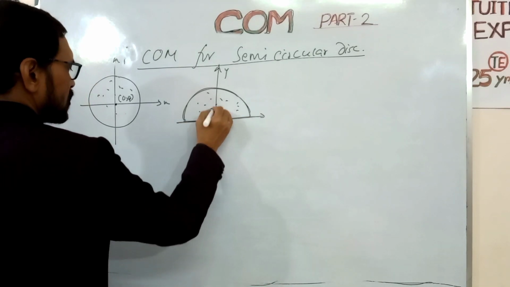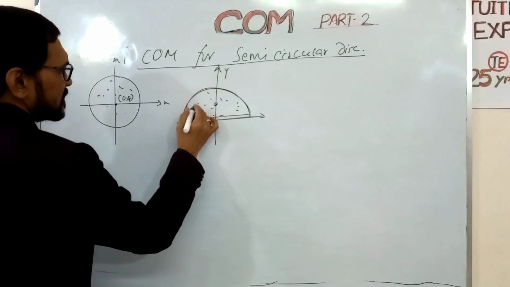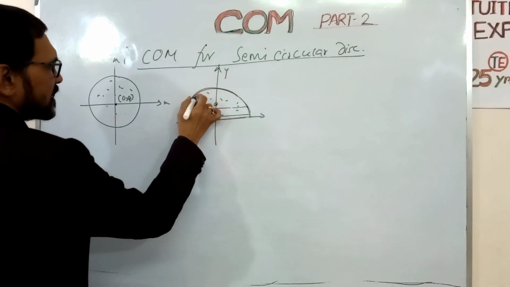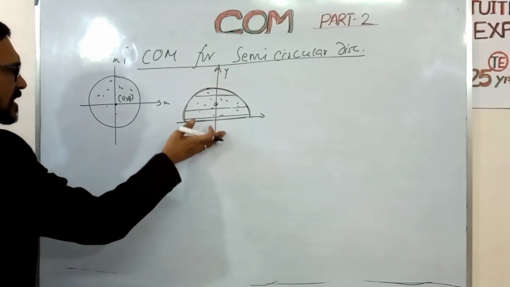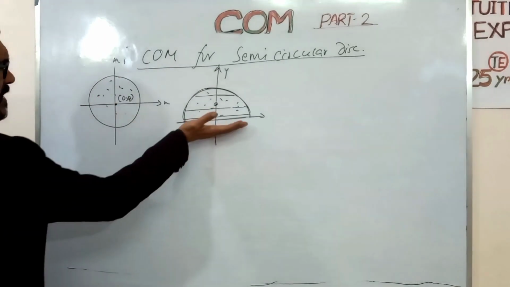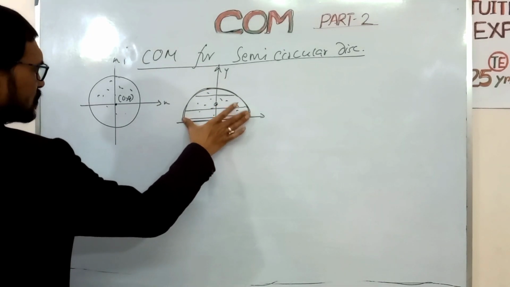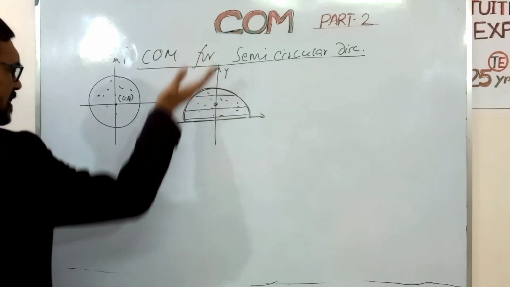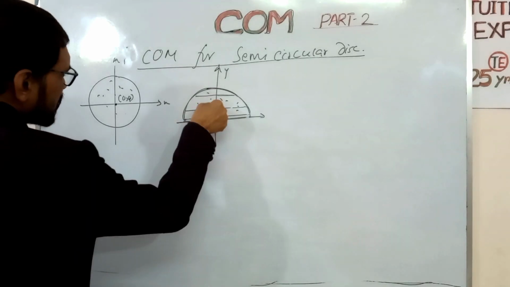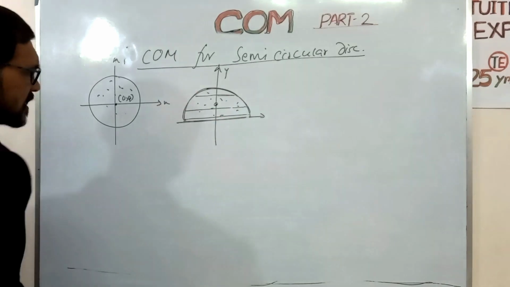Here the length along the diameter is large, and away from it the length is smaller, so from the x axis the length gradually decreases. So it is not symmetrical about the x axis, but it is symmetrical about the y axis. So the center of mass lies on the y axis.